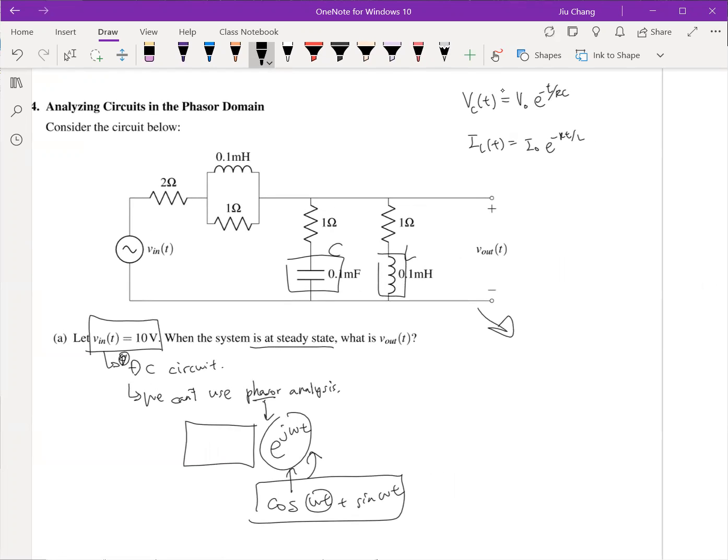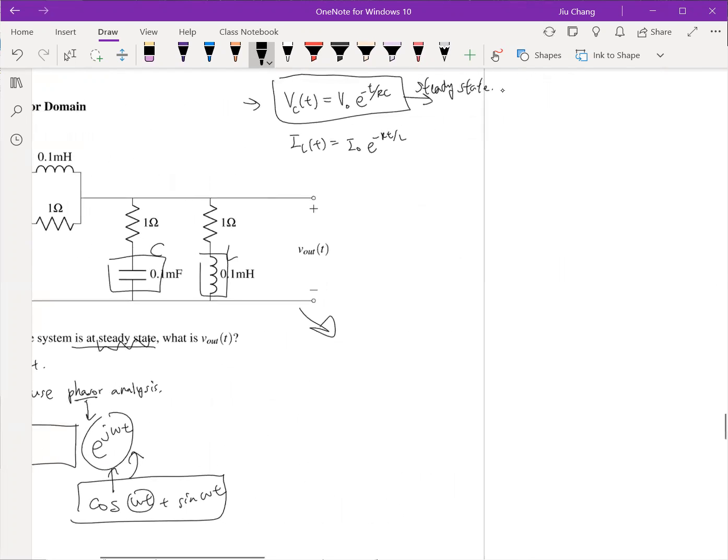How? Well, we know that at steady state, our capacitor reaches a steady state, that means our time t goes to infinity. And that means this part here goes to 0.